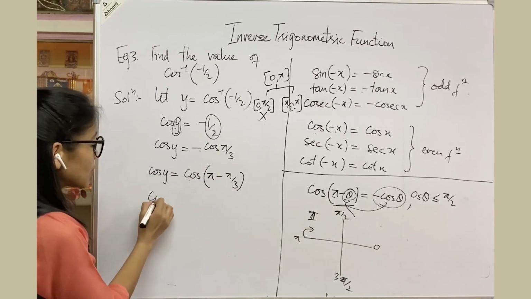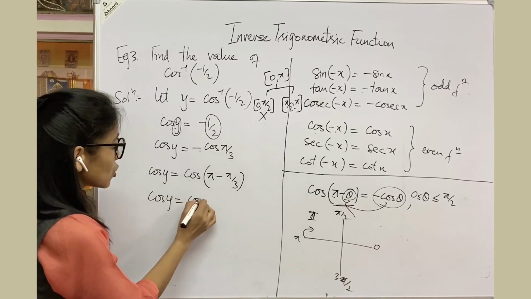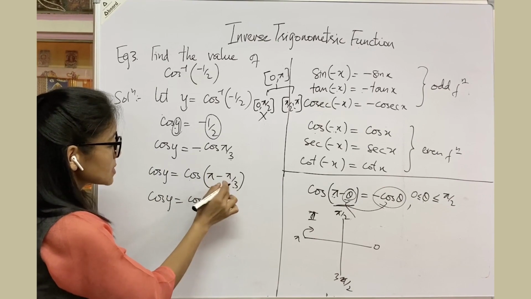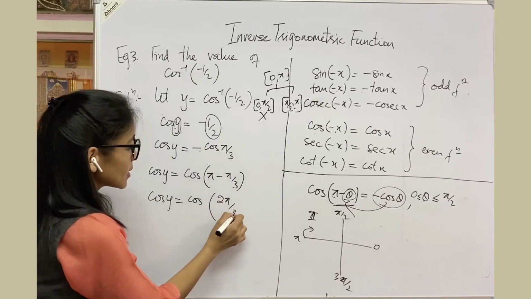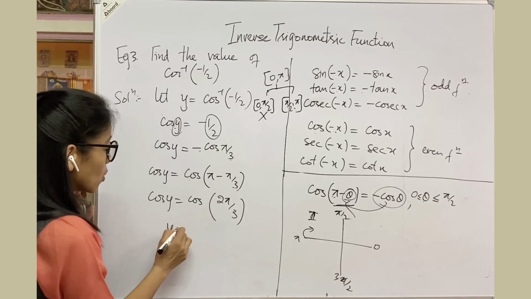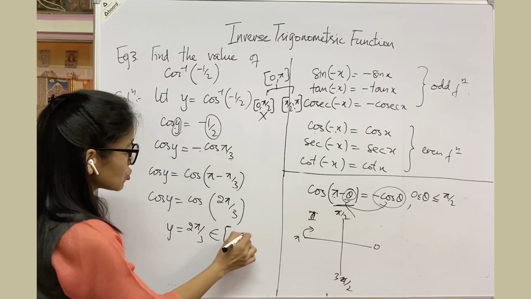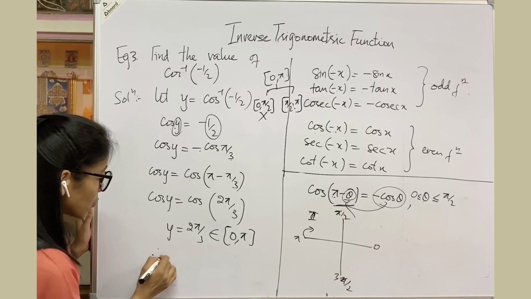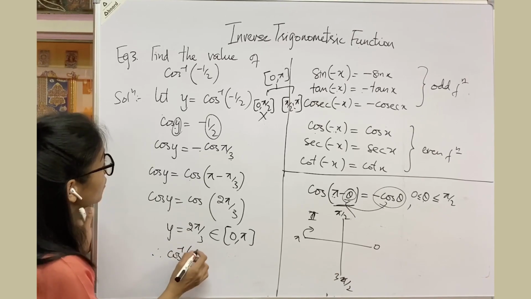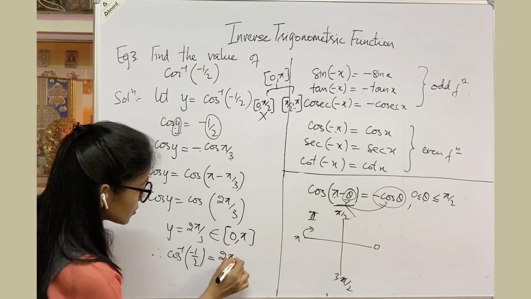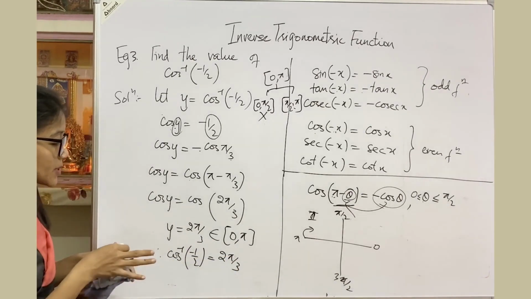Therefore now I have cos y is equal to cos of 2 pi by 3. So we have y is equal to 2 pi by 3, which lies in 0 to pi. Therefore cos inverse of negative half is equal to 2 pi by 3, which is the principal value.